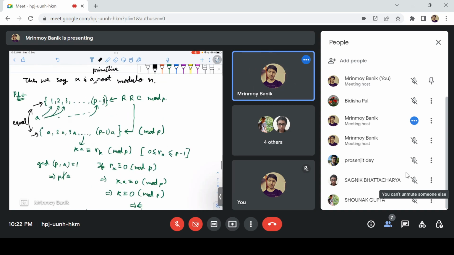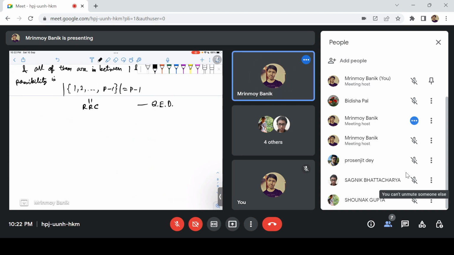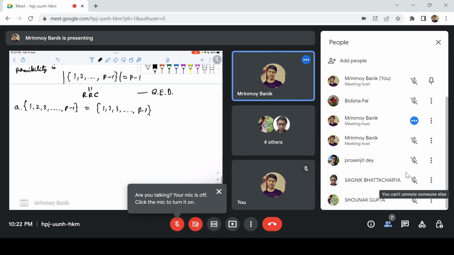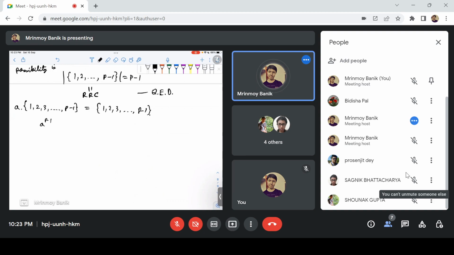Okay, so how will this help us? We proved that if we multiply a co-prime number with P's reduced residue class, or this set 1, 2, 3, 4 up to P minus 1, we get the same set again. So we can multiply the elements of the set on both sides. On the left hand side we get a power P minus 1 times the product of i, where i runs from 1 through P minus 1.